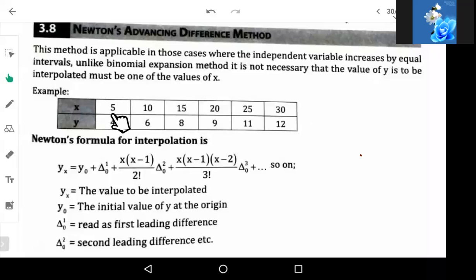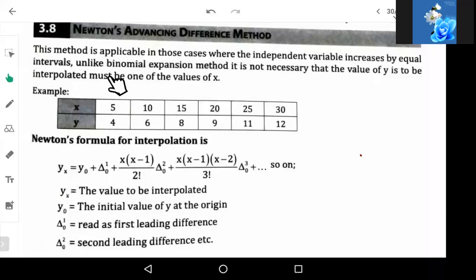If you see here, there is a gap of 5: 5, 10, 15, 20, 25, 30. So the x values will have equal intervals. Whenever you have x values with equal intervals, you have to use Newton's advancing difference method.